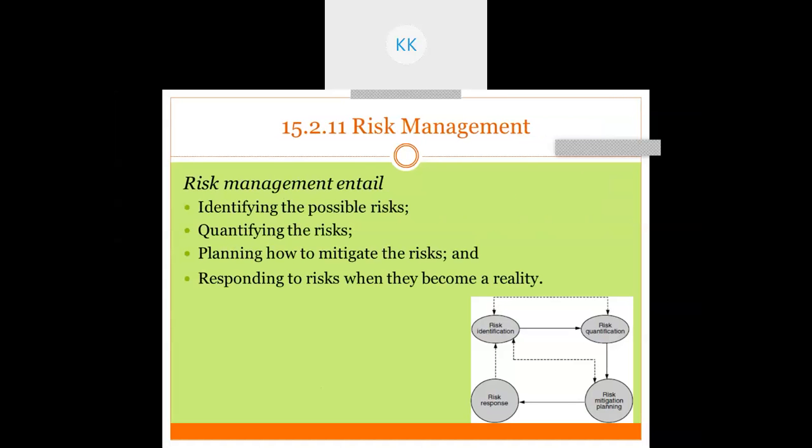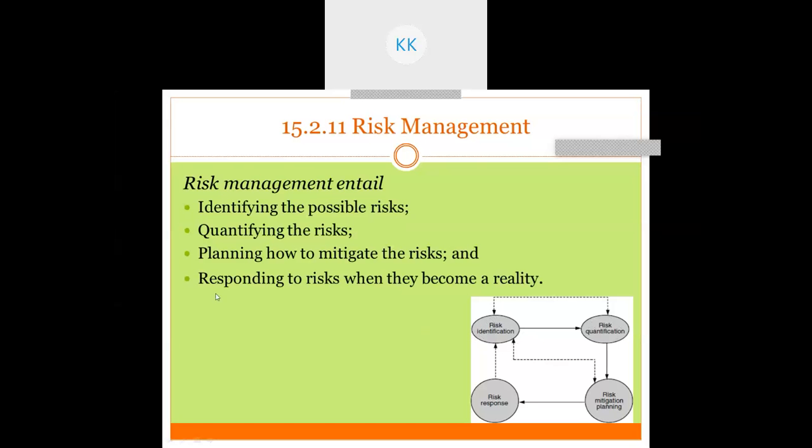Then there is risk management. Risk management entails identifying the possible risk, quantifying the risk, then planning how to mitigate the risk, and responding to risk when they become a reality. This is a very important question. This is the risk cycle, right? So first you will identify the risk, then you will quantify the risk.